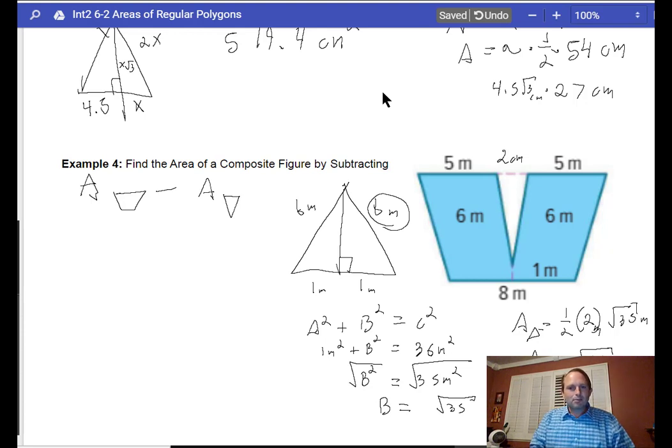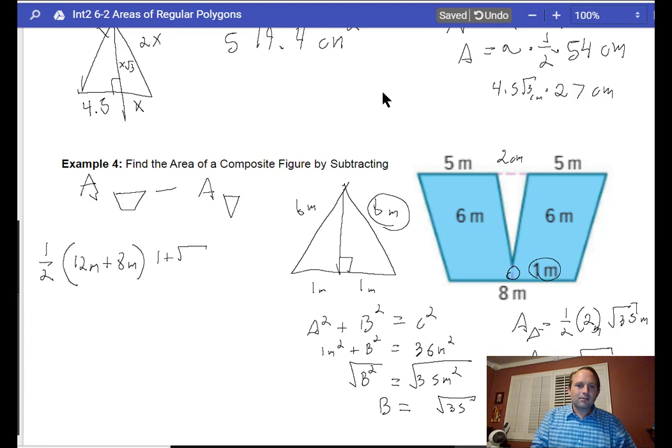Okay, well, now we find the area of the trapezoid. So the trapezoid is equal to 1/2 base 1, which is 5 plus 5 plus 2, 12 meters, plus 8 meters times its height, which would be 1 plus whatever that is. Multiplying that.